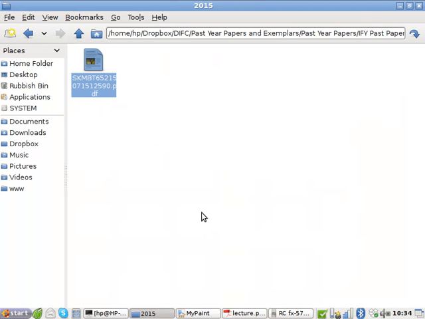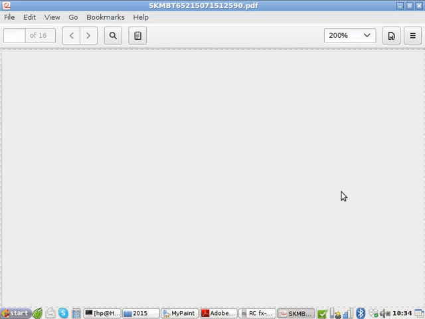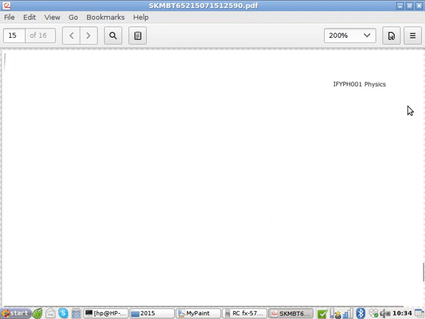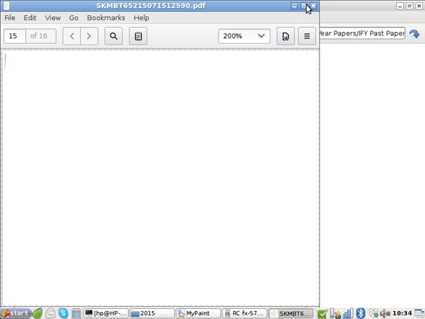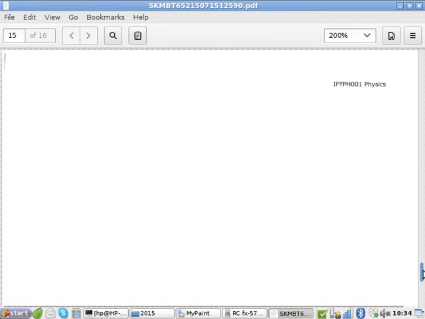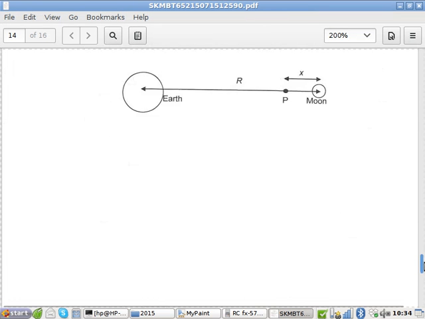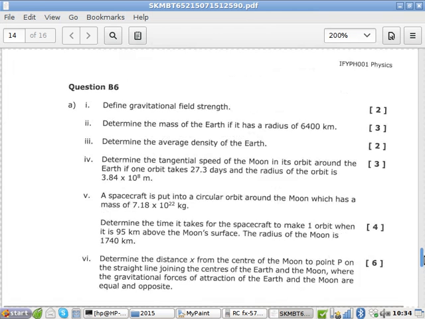That's the most recent paper I have. I want to try and do one that has to do with gravity, which we were just looking at here. Right, let's see. There we go. Let's have a look at this together.